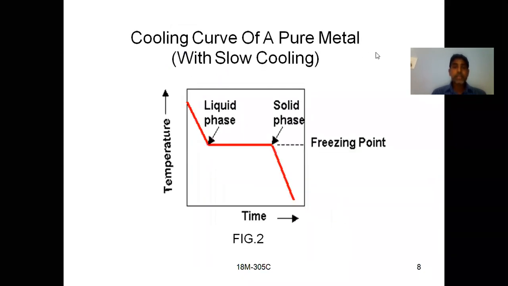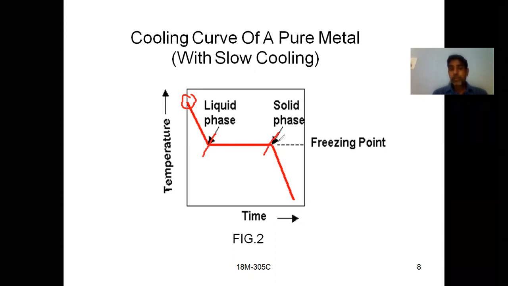We will see this one. This is very, very important. For drawing in the examination, this is a line diagram. It started here, and you have the liquid phase up to here, and here the solidification process started, and here the solidification process ended.